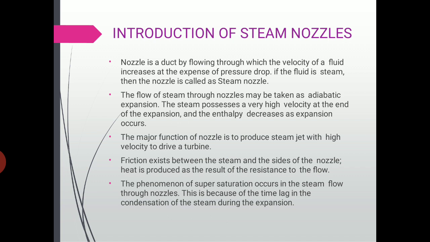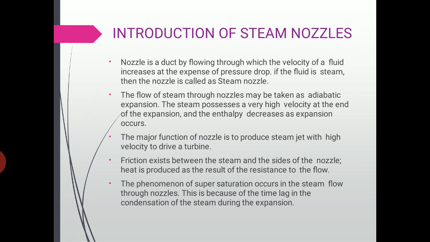So the phenomenon of supersaturation. What is supersaturation? I'll talk about it in coming slides. The phenomenon of supersaturation occurs in the steam flow through the nozzle. When the steam impinges on the blades, at that section one phenomenon occurs that is called the supersaturation phenomenon.